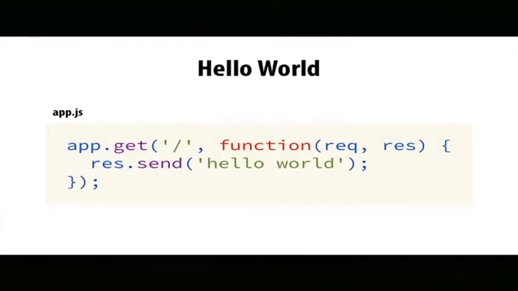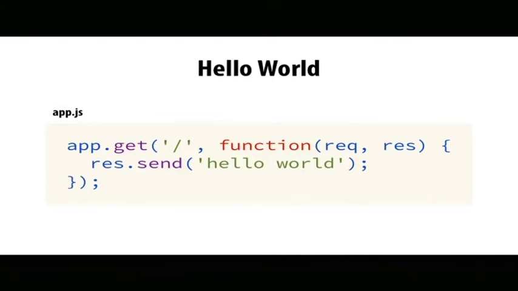So let's start with hello world. In app.js, basically you have this special app object. And from there you can specify endpoints to return arbitrary web content. In this case, we're saying we want a GET request going to the root, which is just /, to return hello world.